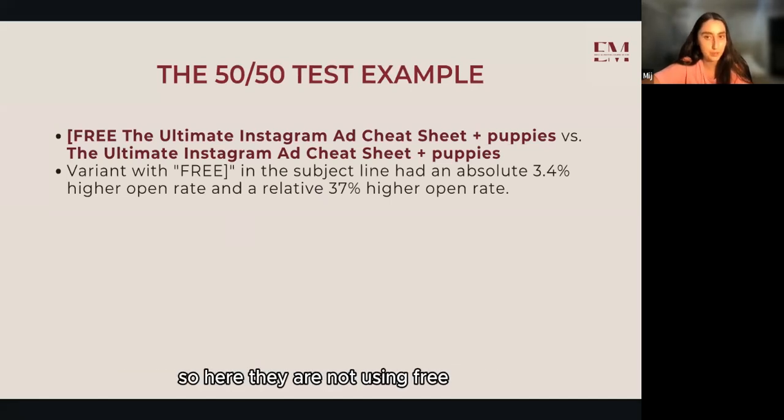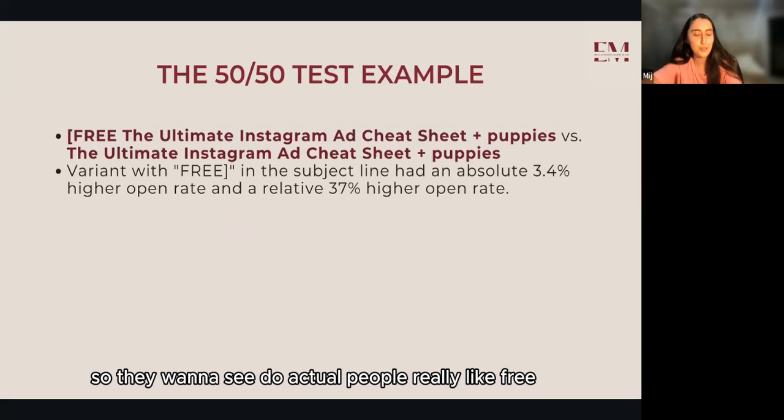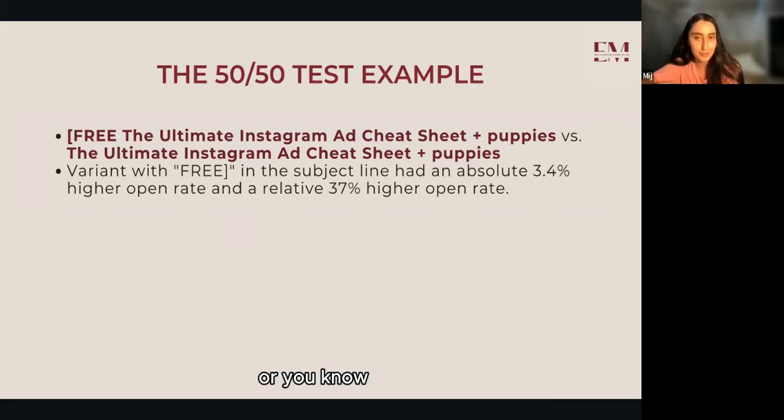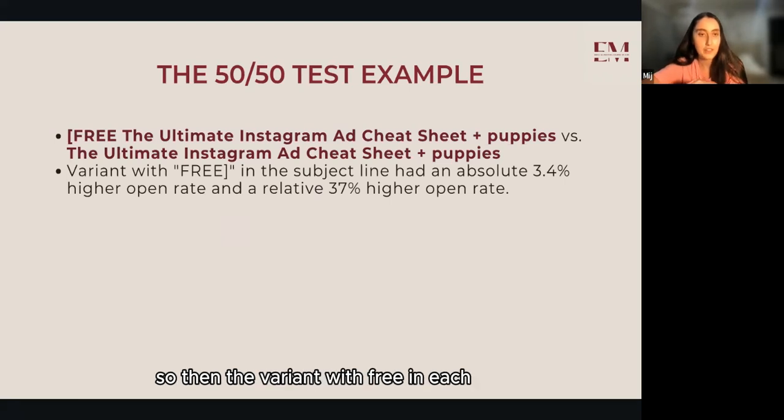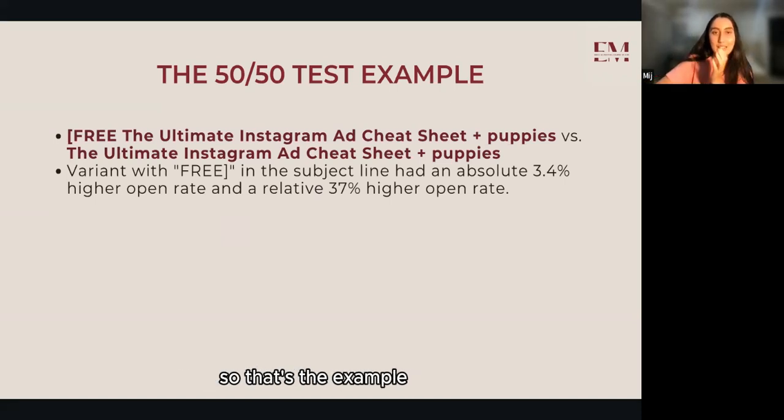So here they're not using free. They want to see, do people really like free, or even though there are puppies, or no? So then the variant with free in the subject line had an absolute 3.4 higher open rate and a relative 37% higher open rate. So obviously where there's free, there are more opens. So that's the example.